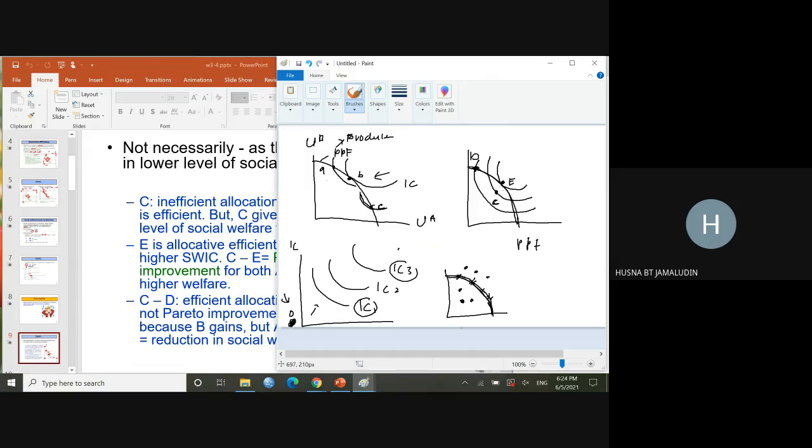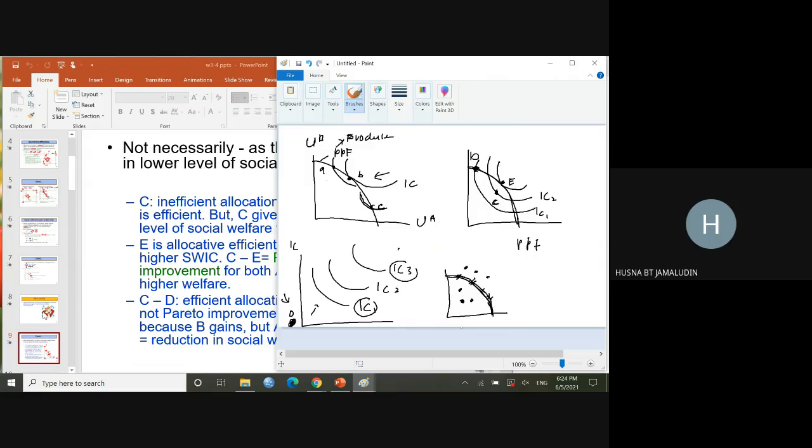However, if you compare point C and point D, can you see the indifference curves? This is indifference curve 1, this is indifference curve 2. The indifference curve for point C is actually higher compared to that for point D, right? Even though point C is inefficient, somehow it gives us higher utility.